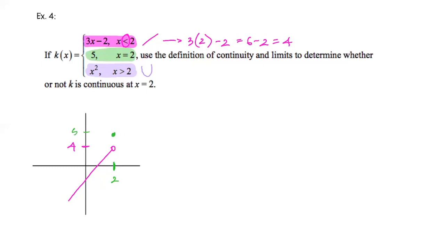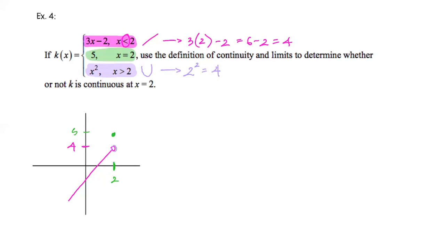Now the last part, that light purple part, is x squared. But we don't want to just draw a parabola. We want to make sure we know where to start. So let's plug in 2 and see where that goes. 2 squared will equal 4. So it looks like the parabola also starts here.